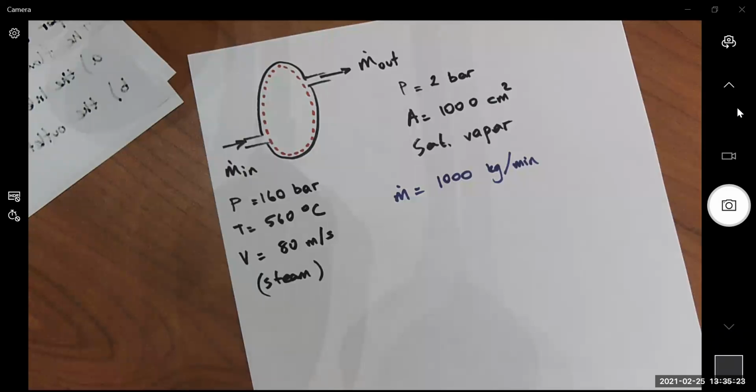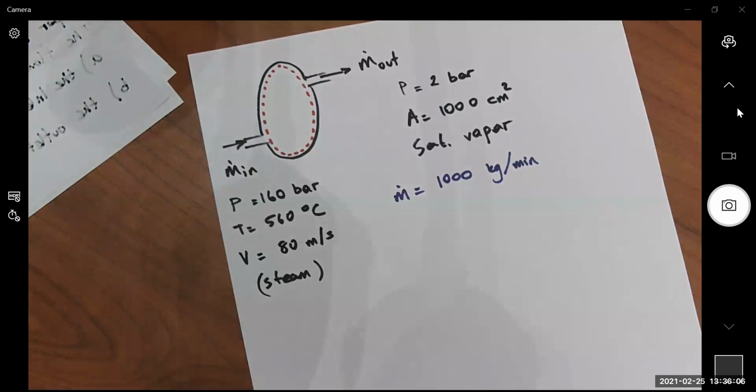The inlet: which table would you use? Why? All right, everybody understand why we're using it?